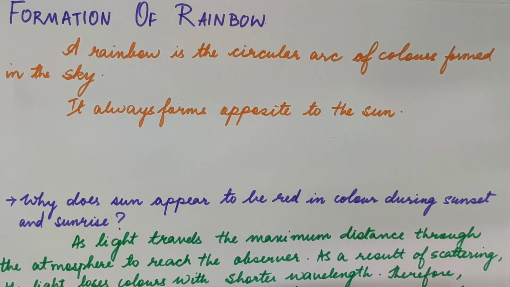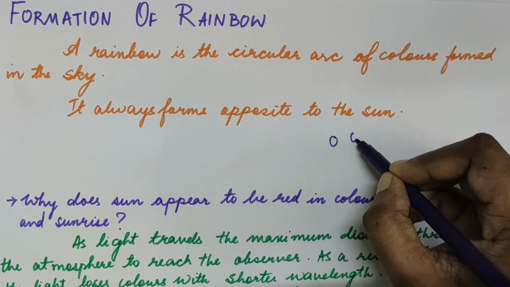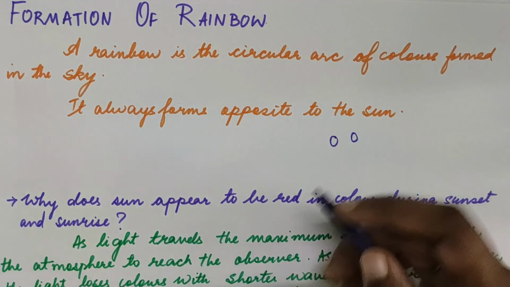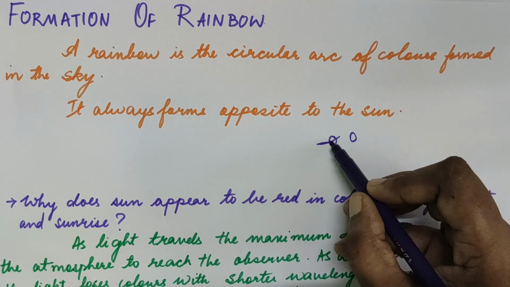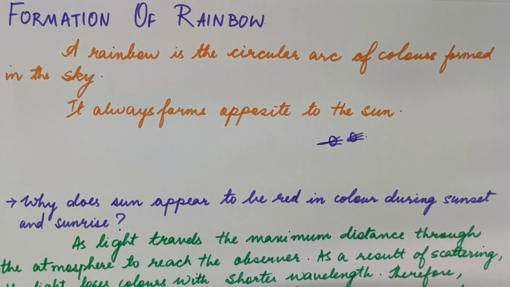What is the rainbow? You all know that it is a circular arc of colors which is formed in the sky, and it is always formed opposite to the sun. Now what happens, children, when it rains, there are many droplets of water, and the sun's light passes through all of them and breaks into the 7 beautiful colors.